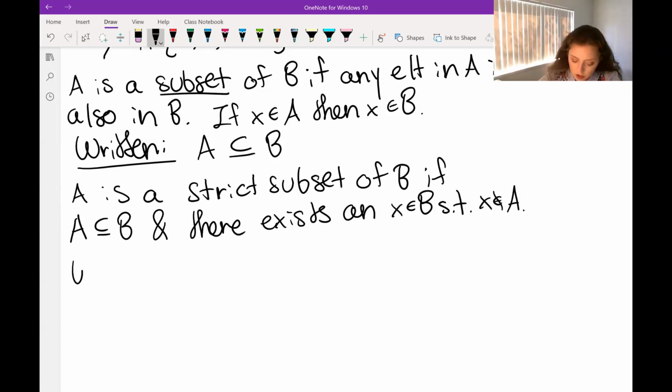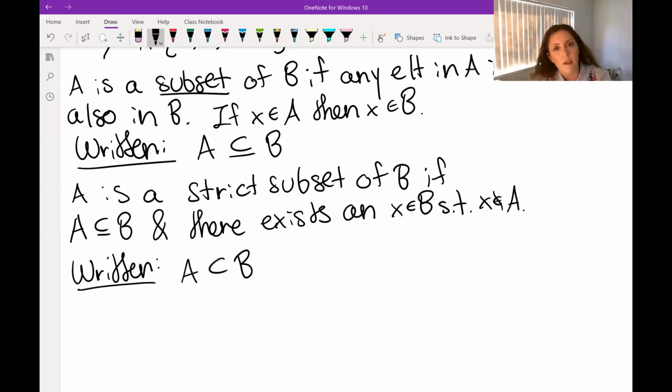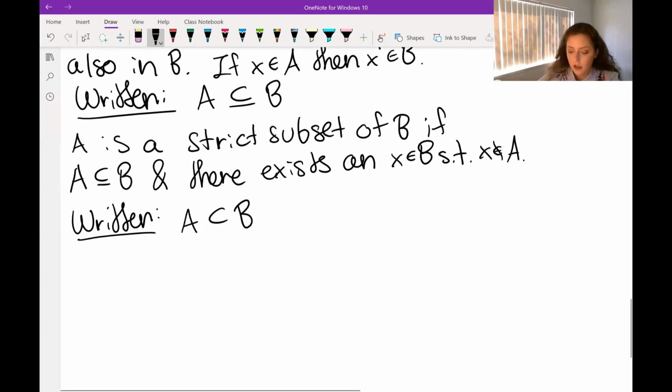So this is written the same as above, just without that line, and that will make sense in a second.